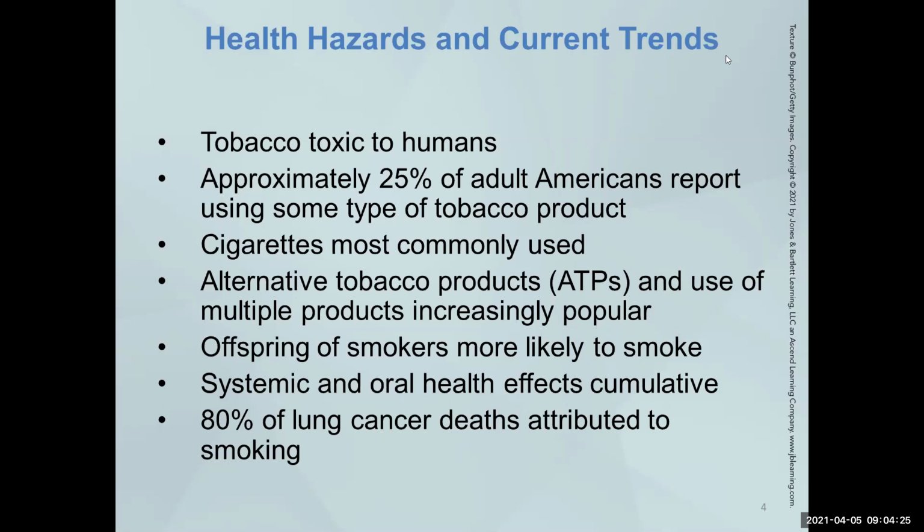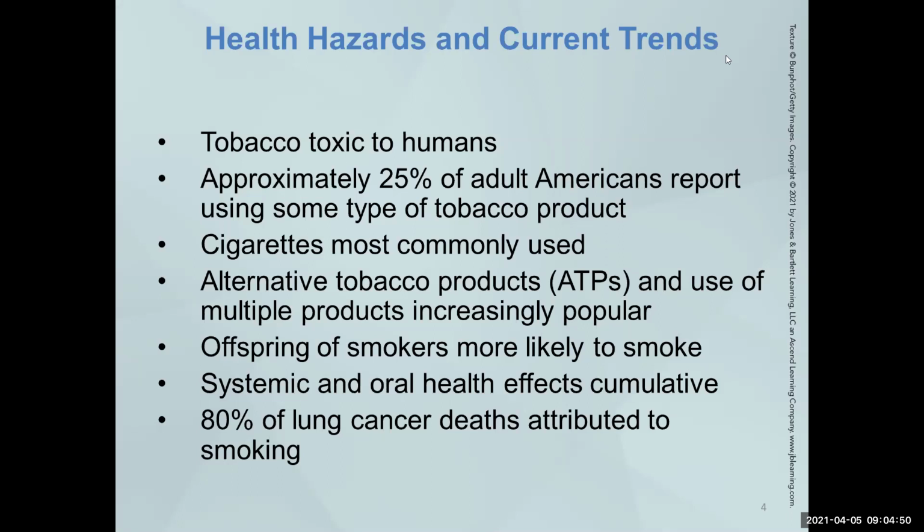Approximately 25% of Americans report using some type of tobacco product. There are all sorts, from hookah to pipes to cigarillos to cigars, but anything combustible or chewable, smokeless. The offspring of smokers are more likely to become smokers themselves.